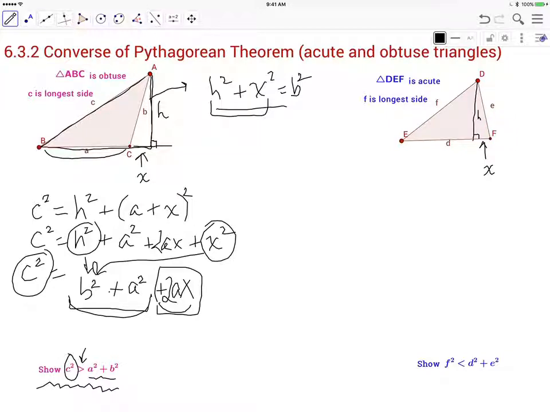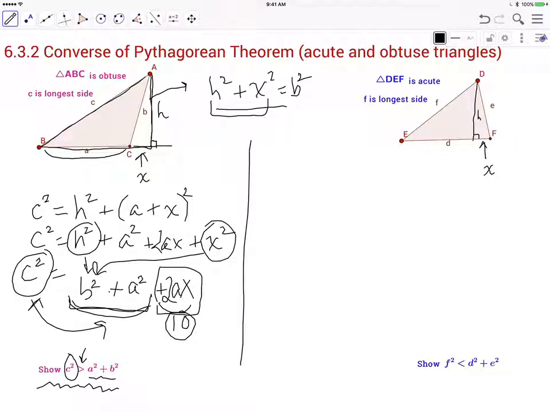And hopefully that makes sense to you. A squared plus b squared plus, let's say this is 10, right? Makes these two things equal, these two sides equal. So therefore, if c squared is equal to those two things plus 10, then c squared will be greater than a squared plus b squared.